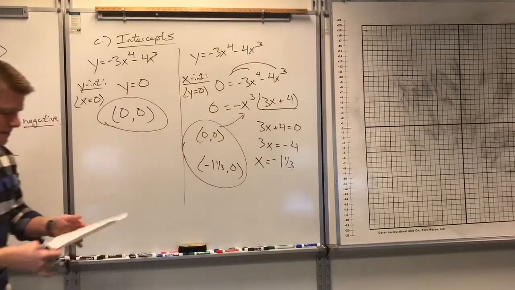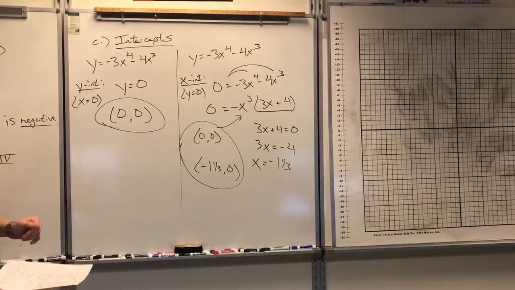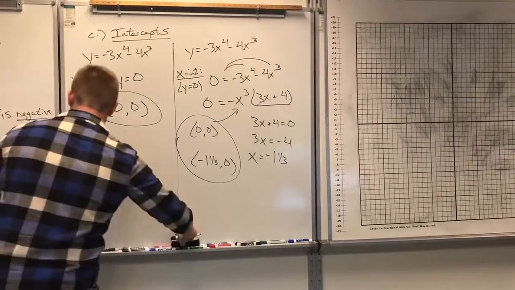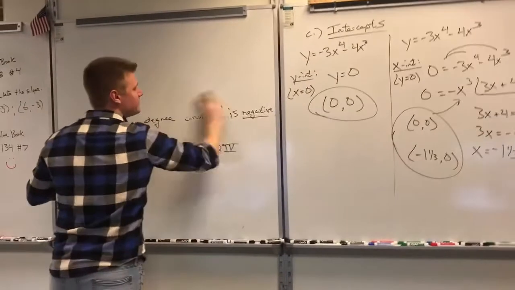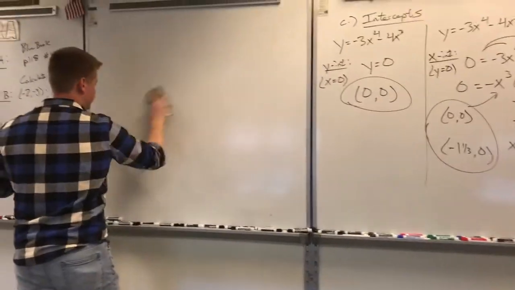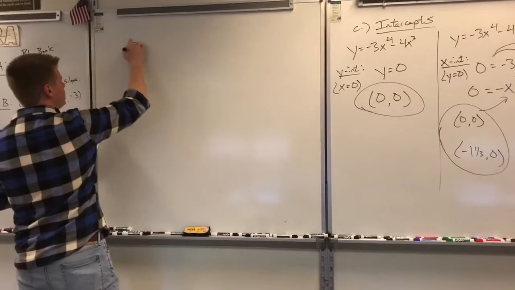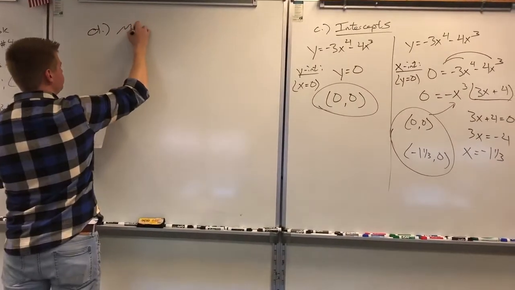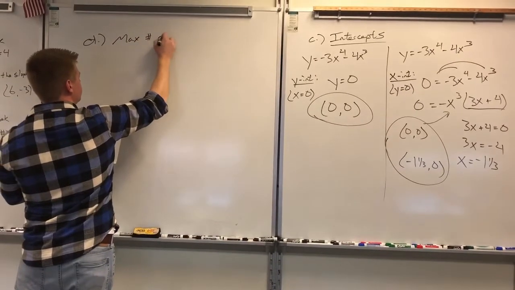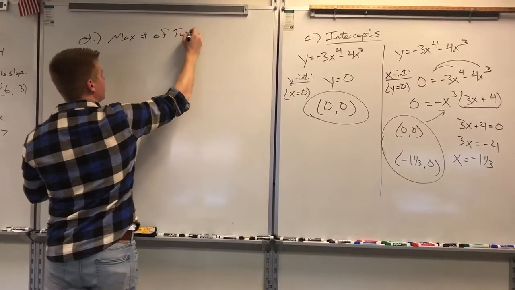So once again, there's a couple of points that I know. The last piece to discuss isn't really going to make this graph in particular a whole lot more specific. Some it will, but if I were to ask you on a quiz, what is the maximum number of turning points?